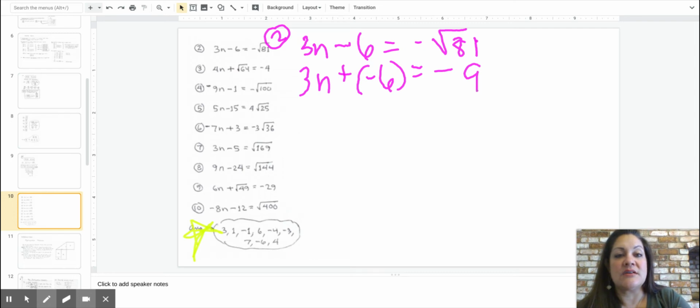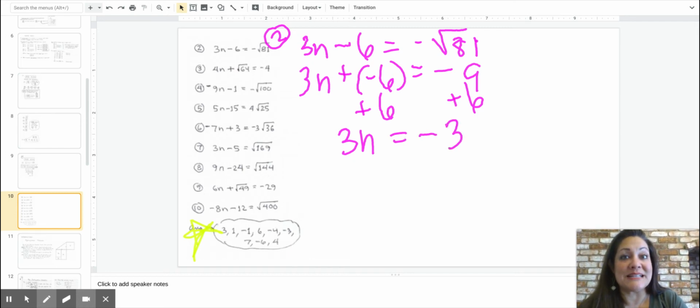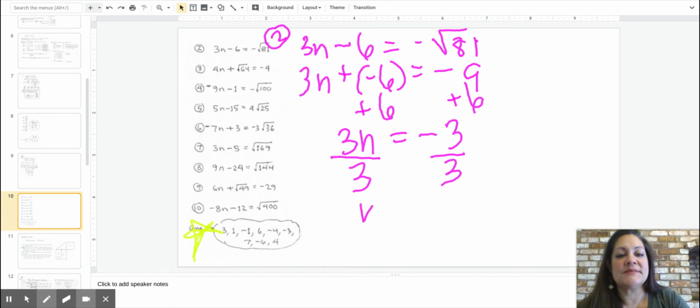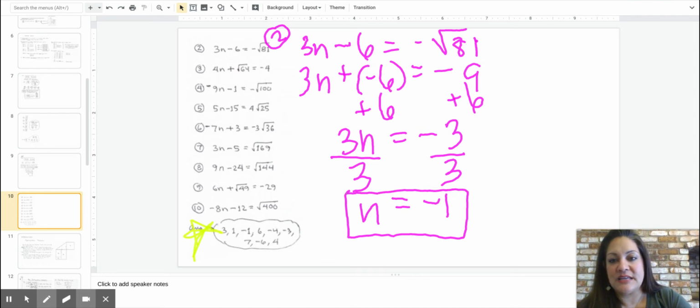Okay, so now I'm going to get rid of the 6. I'm going to add 6 to each side. Leaves me with 3n equals negative 3 because negative 9 plus 6 is negative 3. Divide each side by 3. Leaves me with n equals negative 1. Check it in my answer key. There it is.